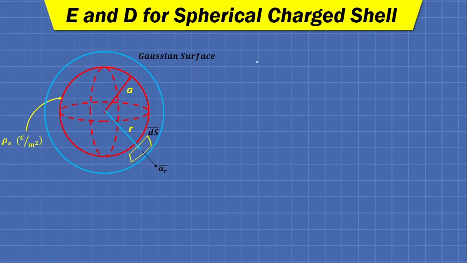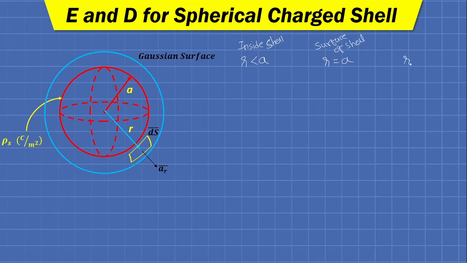So our area of interest, first area was r less than a, that is inside the shell, not sphere, inside shell. Then second area was r equals to a, that is surface of shell.